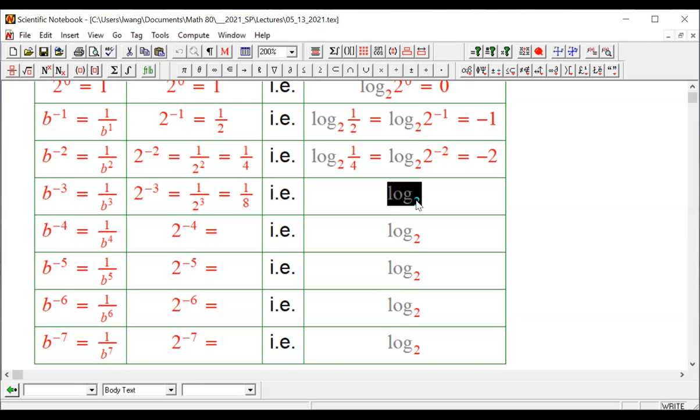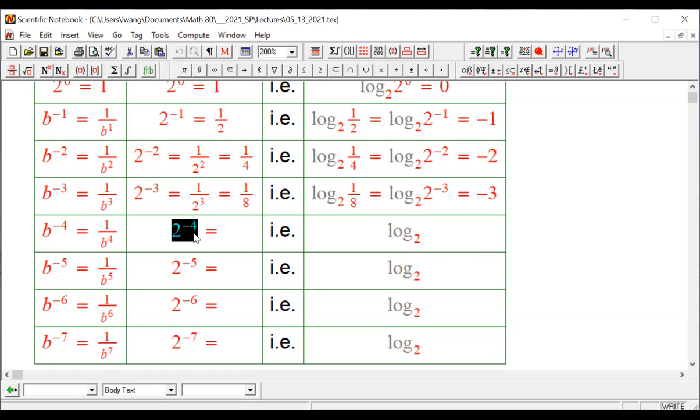So when we put a logarithm, log base 2 of 1 over 8 equals negative 3, which is also the same as log base 2 of 2 to the power of -3. So -3 goes down there.